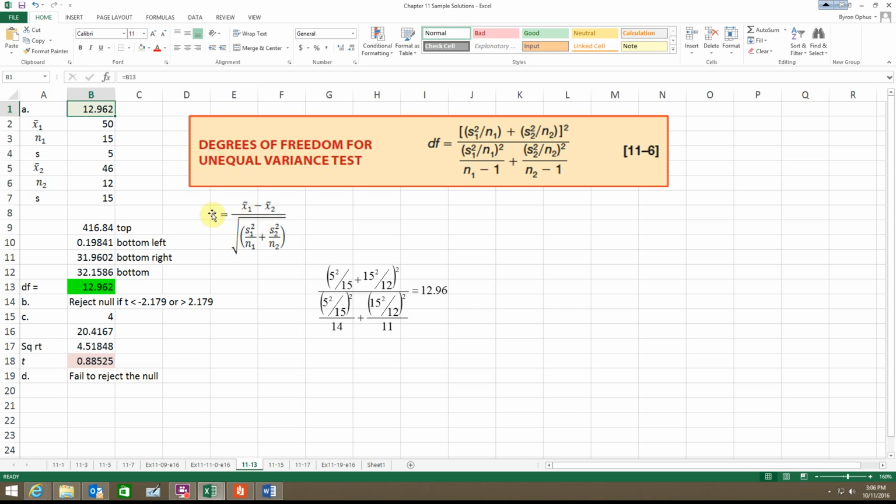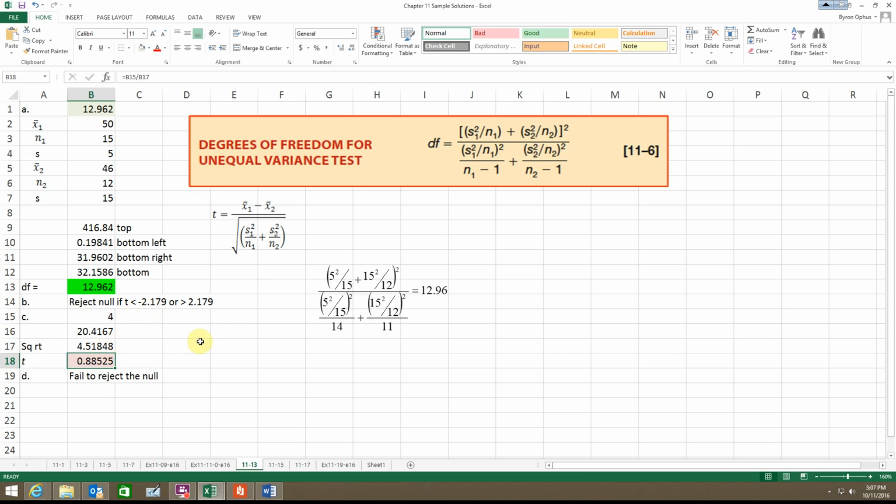Now I just do my normal T one here, right? And again, we've done those before, so I'm not going to really bore you with that, but I get the mean of 1 minus the mean of 2, so 50 minus 46 is equal to 4. Over that, do the square root. And so my calculated T statistic ends up being 0.8852. So I'm going to reject the null if it's greater than 2.179 or less than.